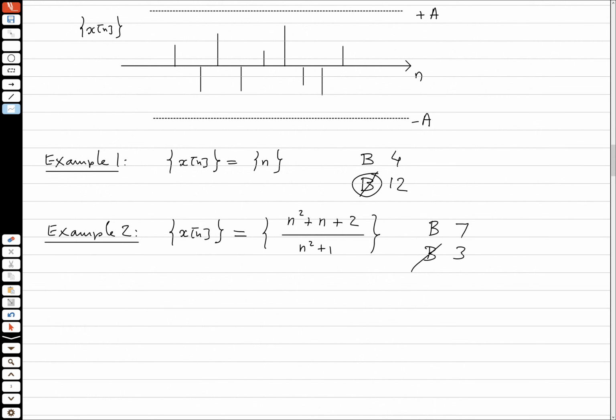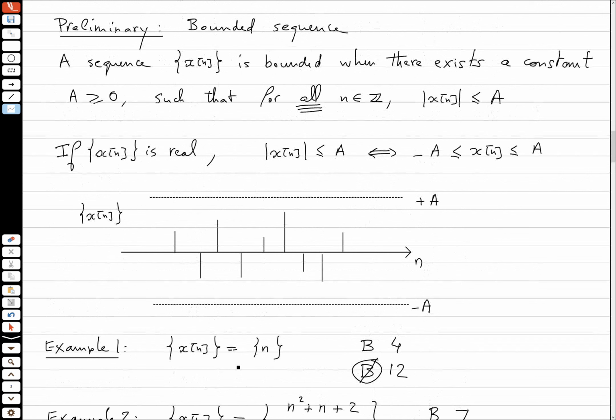I think the process of finding a is going to be part of the answer whether it's bounded or not. But a is not given. It exists. Sometimes you don't even know the value, but you know it exists.